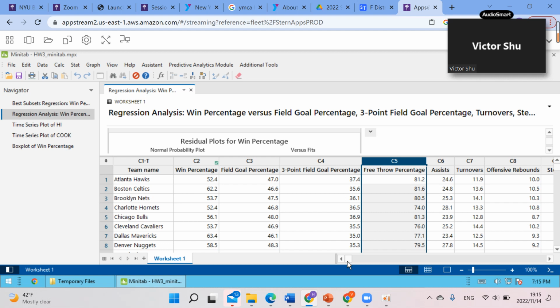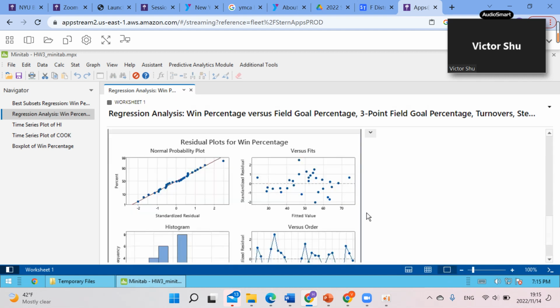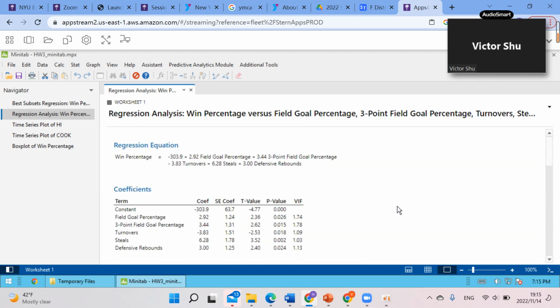And after some model selection process, where I select which predictors to use, I come up with a 5 predictor model.